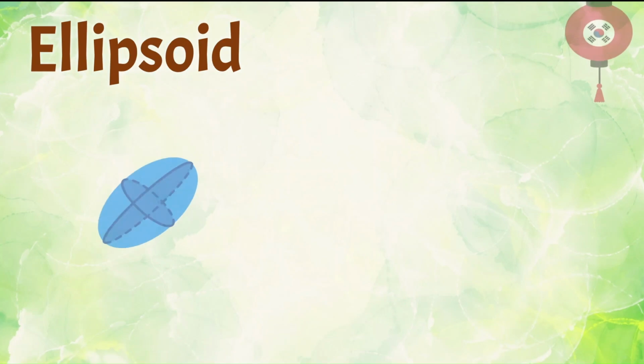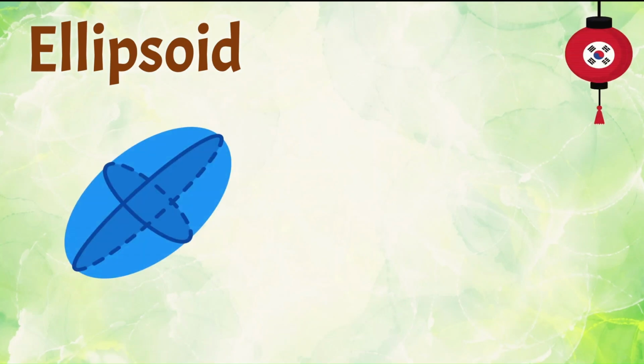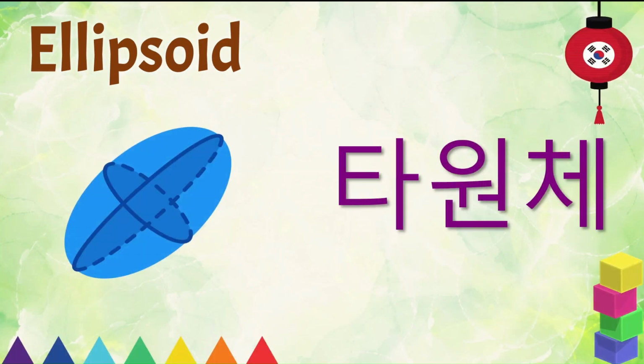Next comes the Korean word for ellipsoid, and that is 타원체, 타원체. Now, if you remember, the word for the shape oval, the 2D shape oval, is 타원형. So, ellipsoid is kind of a 3D formation of the shape oval.